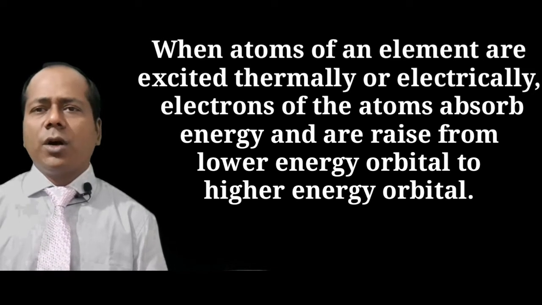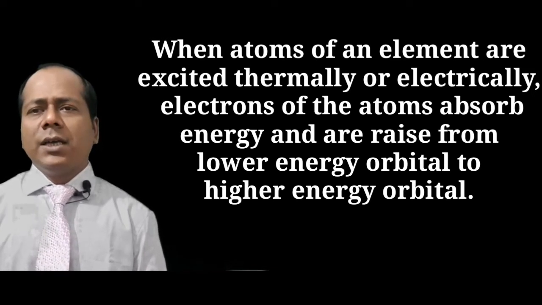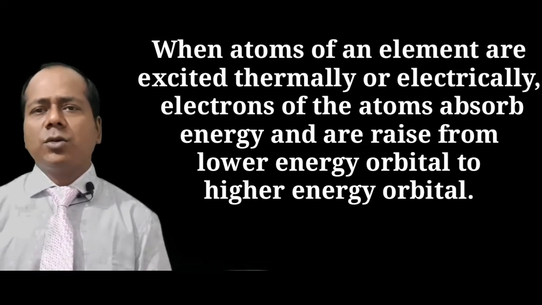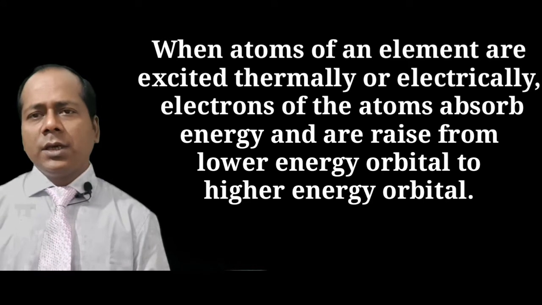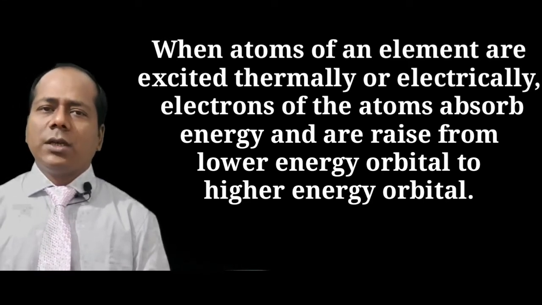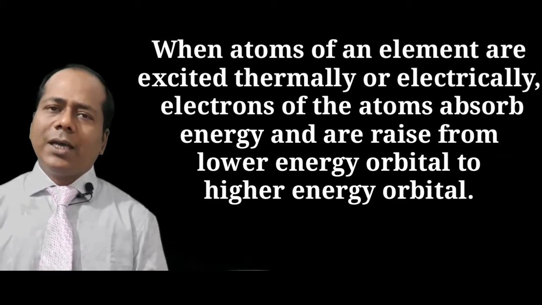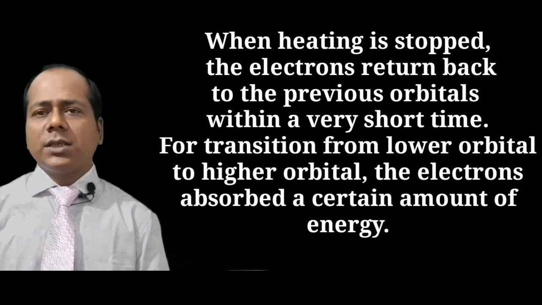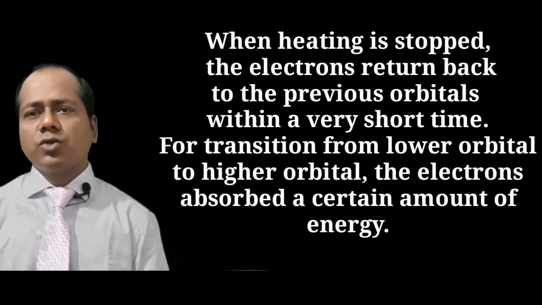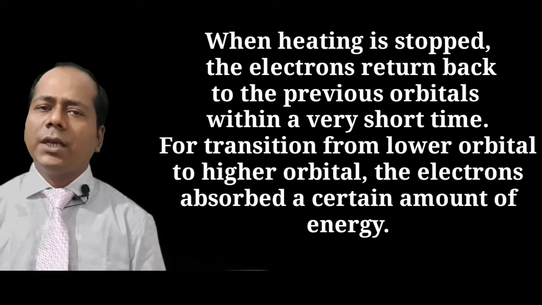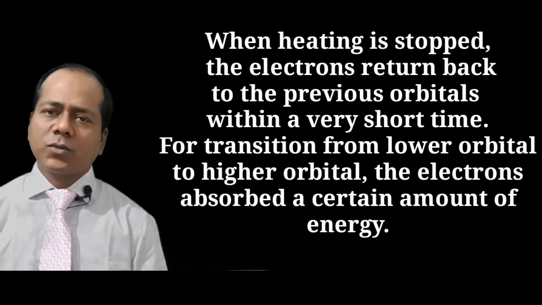When atoms of an element are excited thermally or electrically, electrons of the atom absorb energy and are raised from a lower energy orbital to a higher energy orbital. When heating is stopped, the electrons return to the previous orbitals within a very short time.